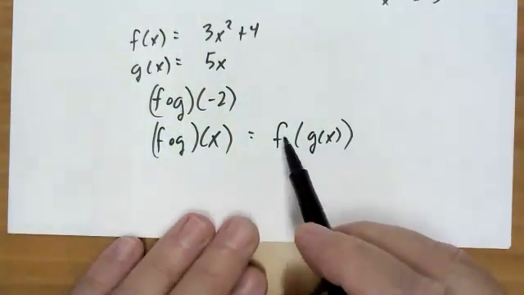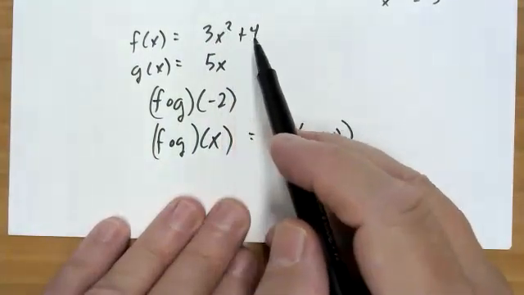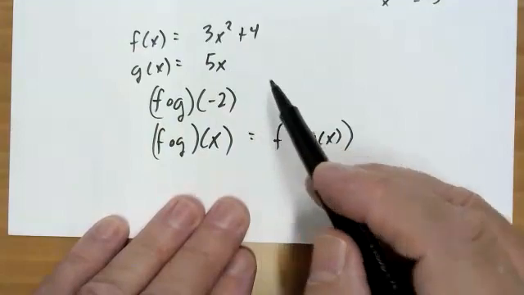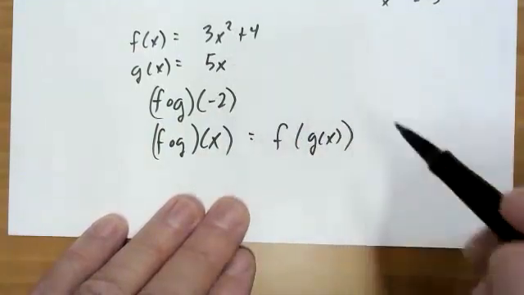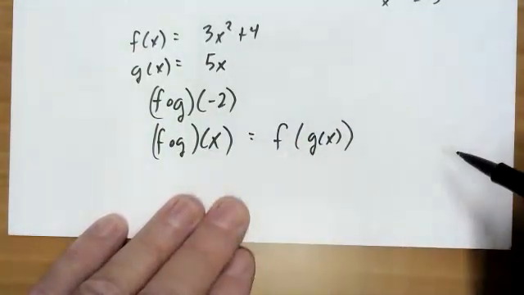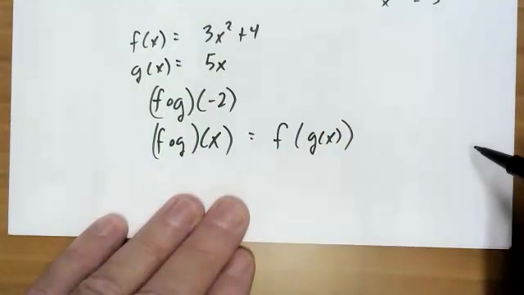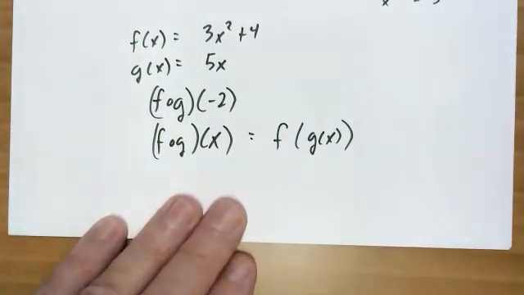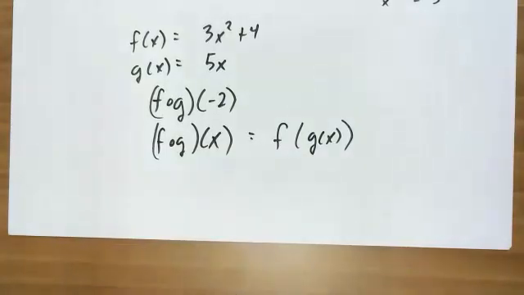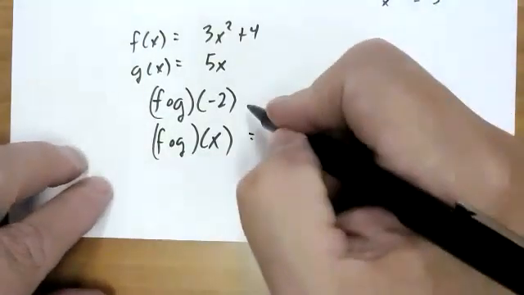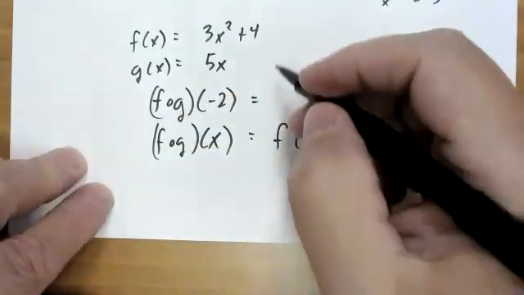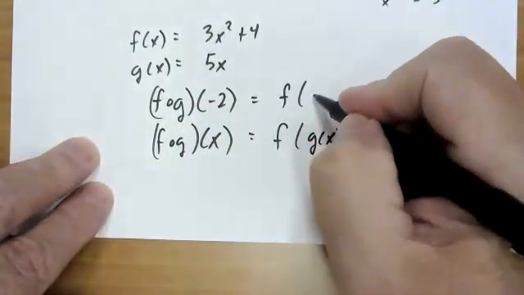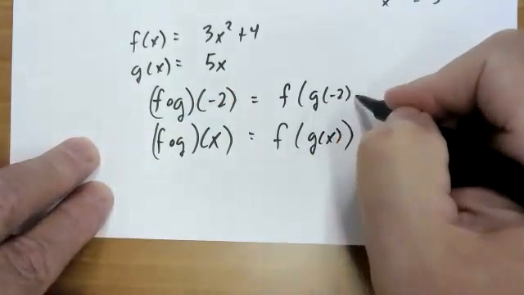Now you could take the f function here, 3x squared plus 4, and replace the x with the g function and do all the algebra, and you would end up with this composite with the value of x, and then plug in -2 for x. You could do that. However, what's much simpler is, for this problem, just go ahead and say f of g of -2.